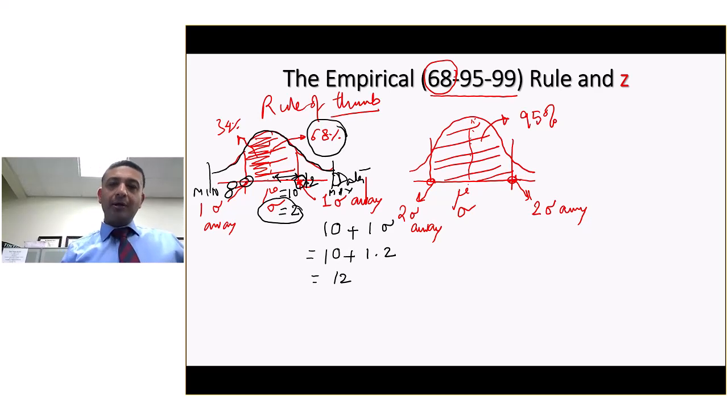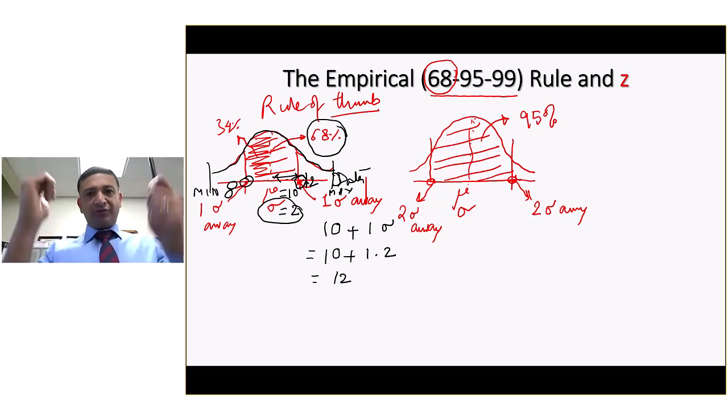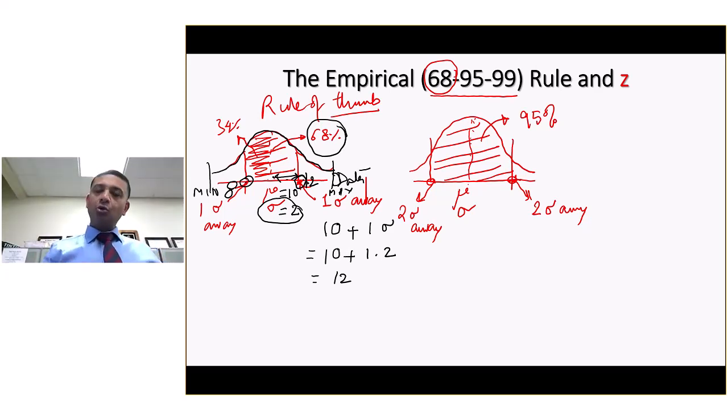In other words, if I take a cross section of this data set, centrally cut 95%, my two ends will be 2 sigma away from the mean.